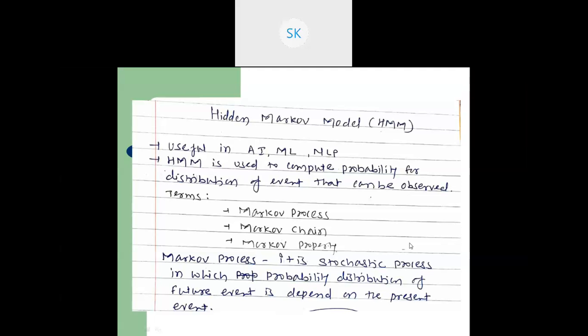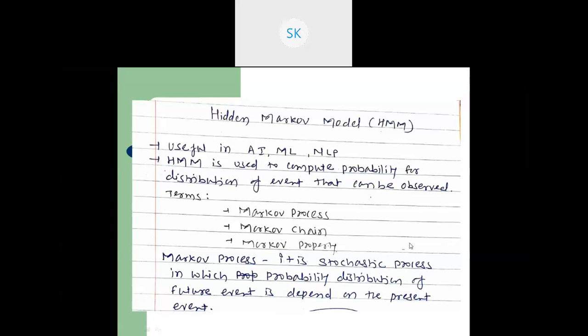Important terms with respect to the hidden Markov model are Markov process, Markov chain, and Markov property. The Markov process, which we saw on the first slide, is memoryless: the present state, past state, and future states are independent.